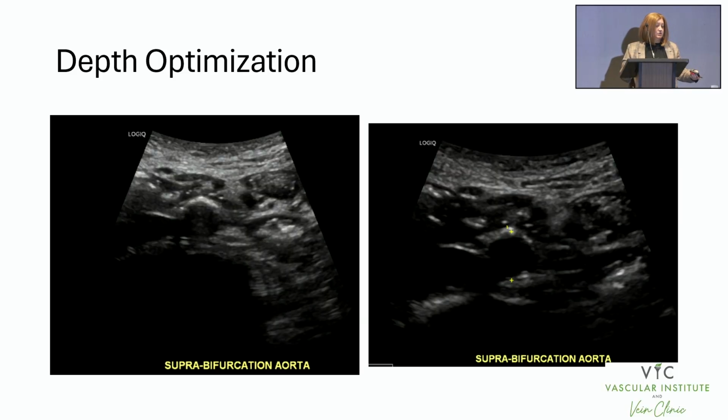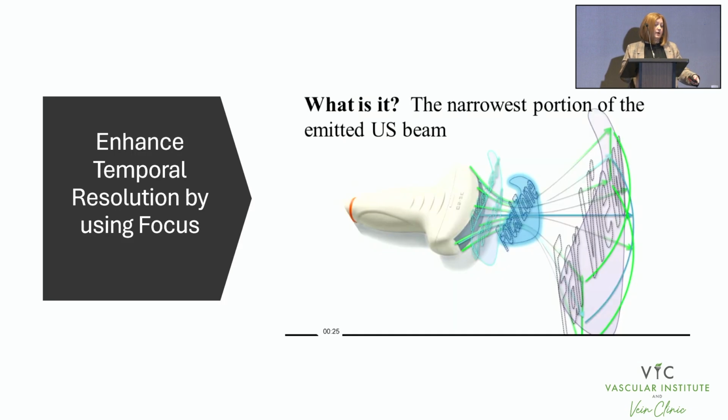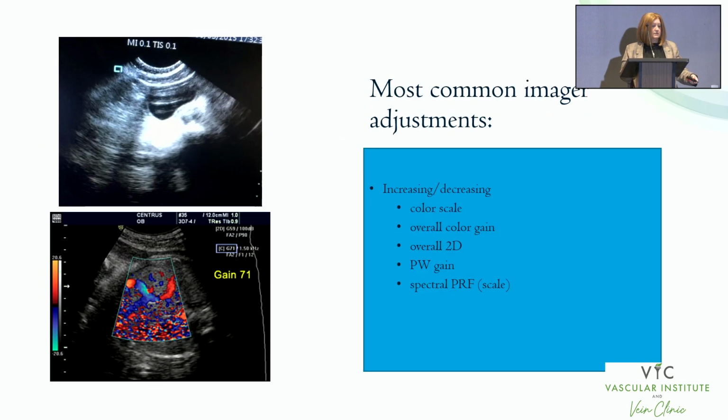Again, cleaning the image up, you can see the walls better to appropriately place those calipers. That one image, you've got way too much depth. The other image, depth appropriate. You can enhance the temporal resolution, again, like I said, by focusing your ultrasound beam where you want it to be focused.